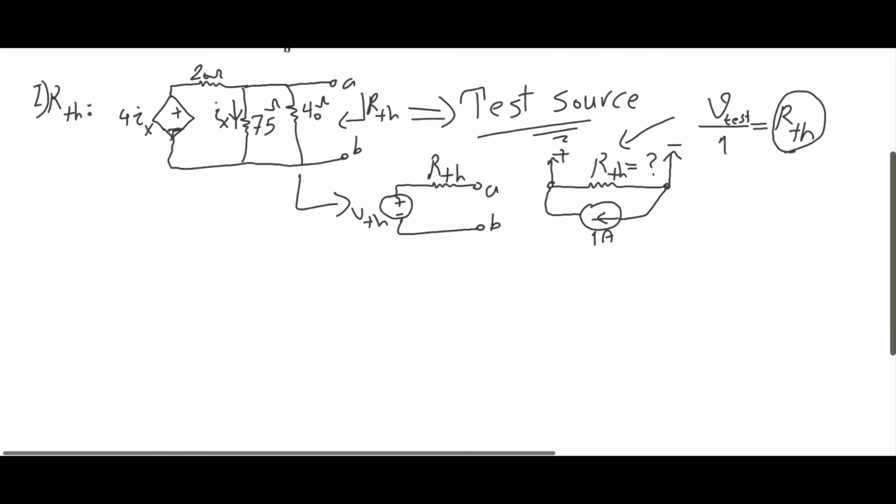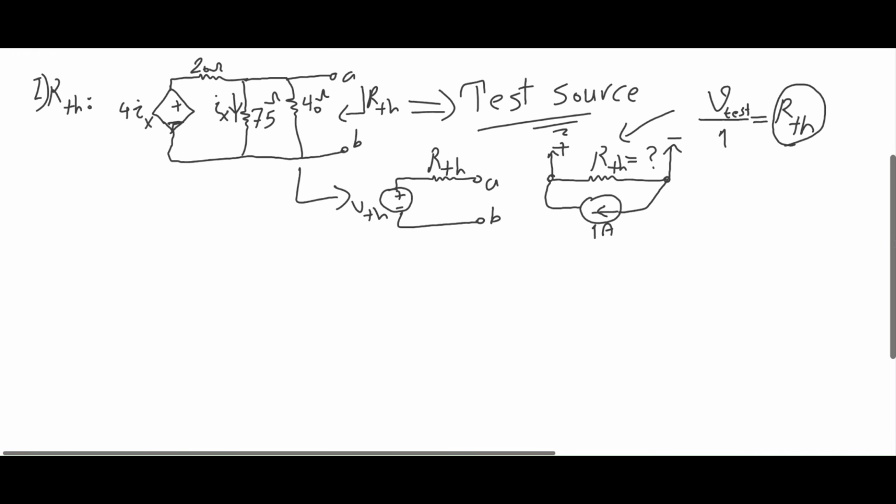That's what we call a test source. So I consider this circuit, and I try to draw it a little cleaner this time. Positive, negative, 4 times Ix. I have 20 ohms here, 75 ohms, and then 40 ohms here. And over here, there used to be a resistor which I called the Thevenin resistor, but now I don't know its value.